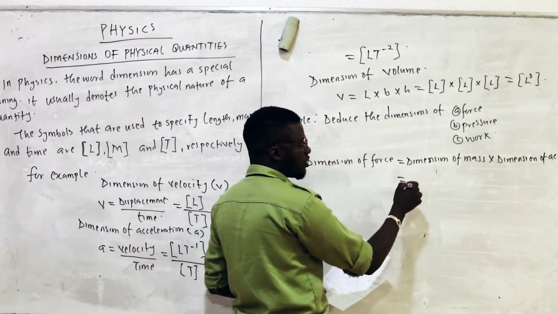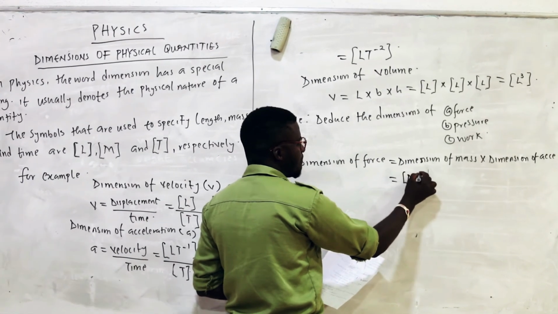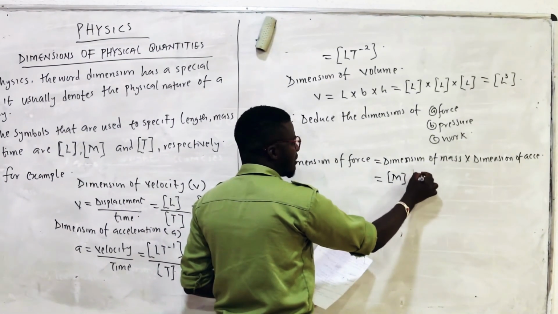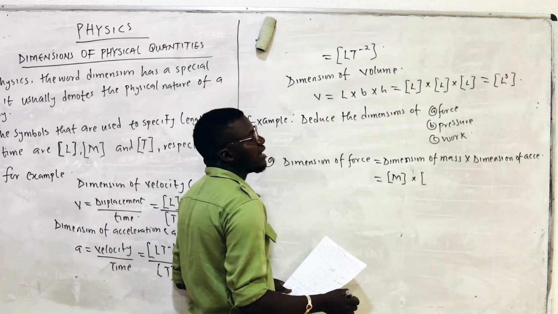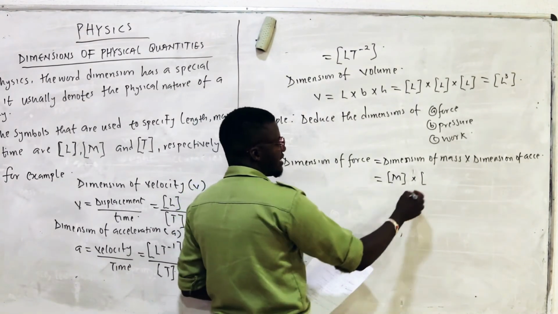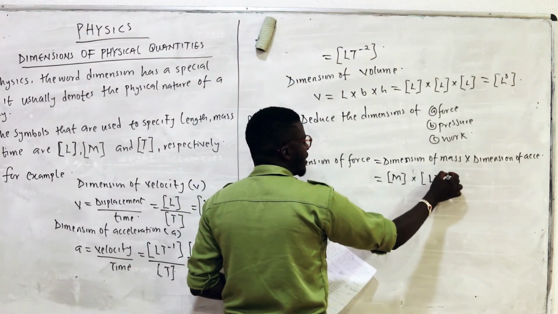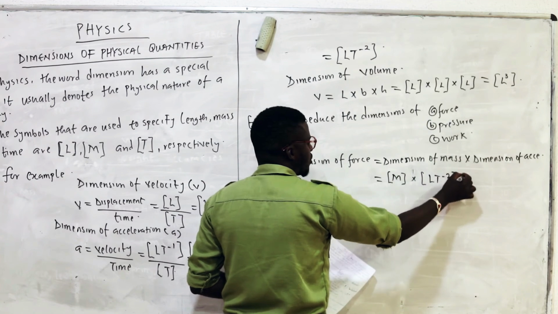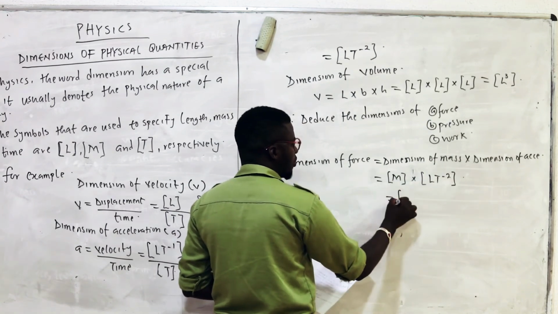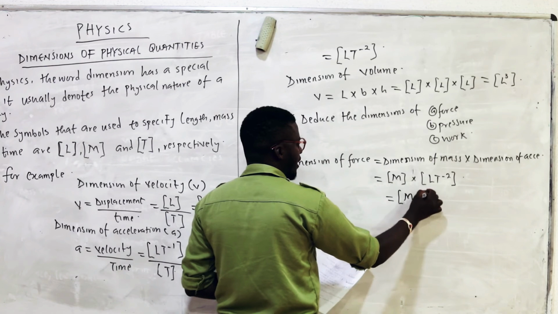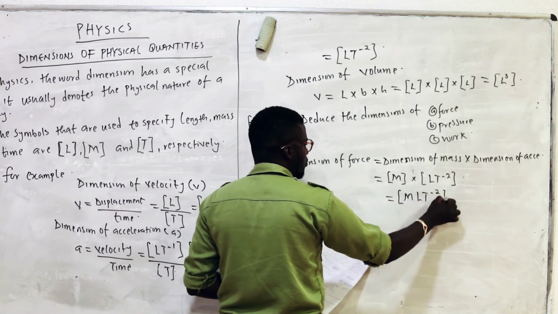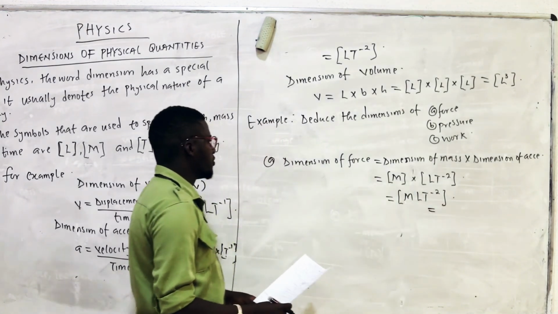My dimension of mass is given as capital M, then multiplied by my dimension of acceleration, which is given as LT raised to the power of minus 2. So now my dimension of force becomes MLT raised to the power of minus 2. So that's my dimension of force.